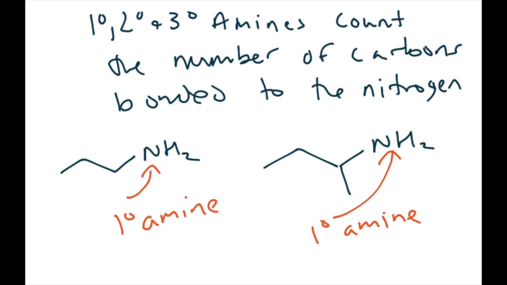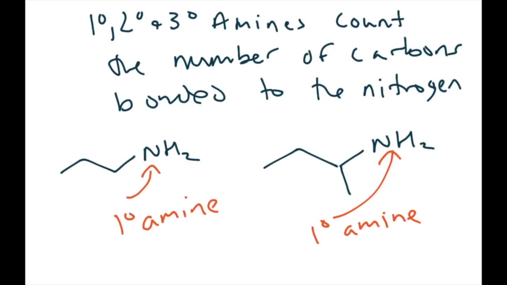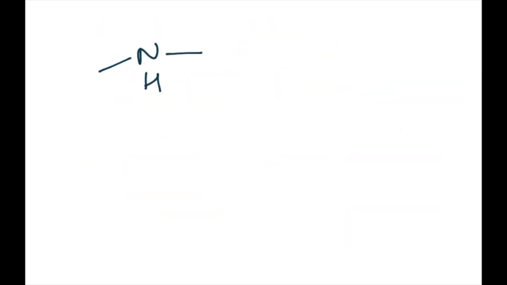If you have two carbons on your nitrogen, it's secondary. So again, it doesn't matter. It doesn't matter if the two groups on the nitrogen are, let's say, both methyl groups.